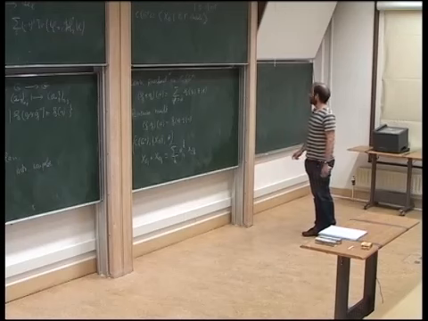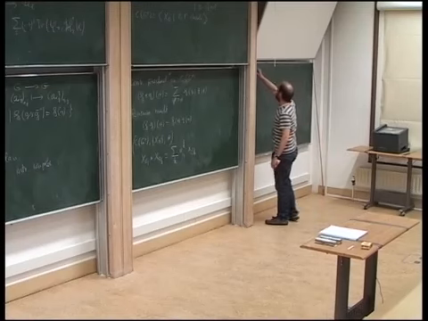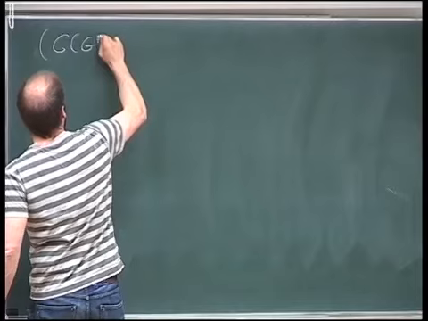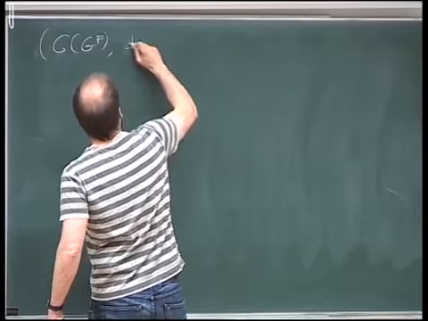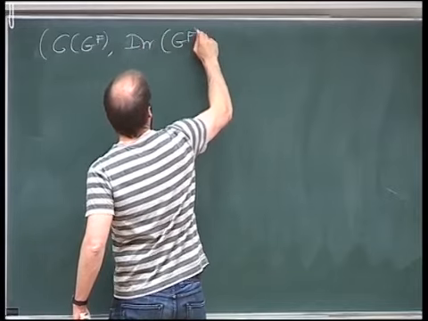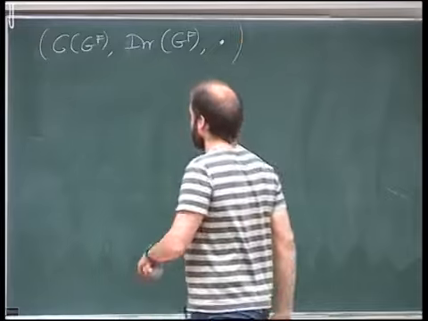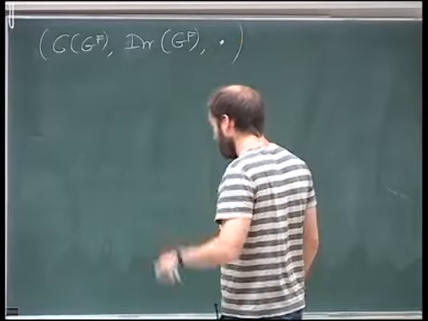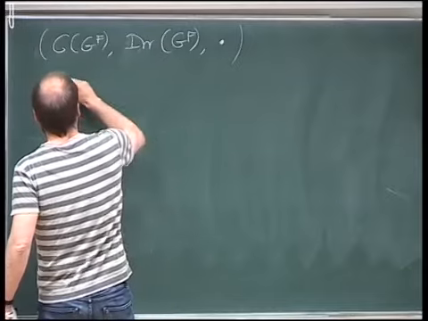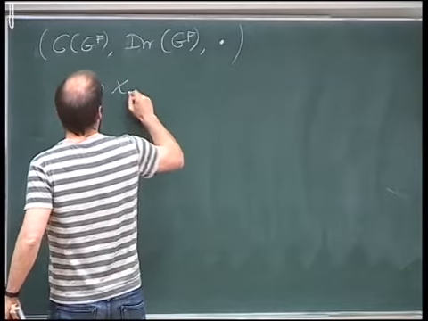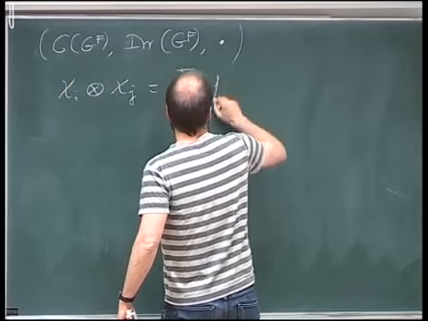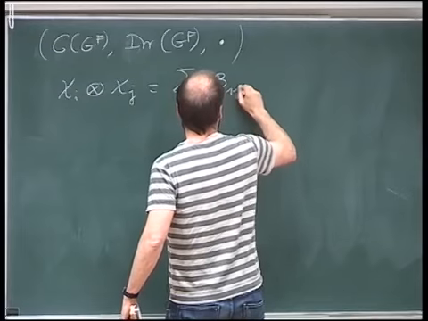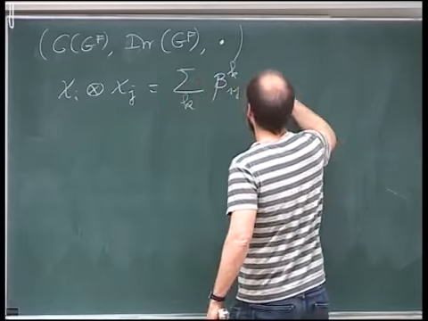And then we have another one. So this is C(G^F) now with the pointwise multiplication, with the basis of the character ring. And again, we have the structure constants. So we want to decompose this tensor product as a sum of beta_ijk times the k-th element.